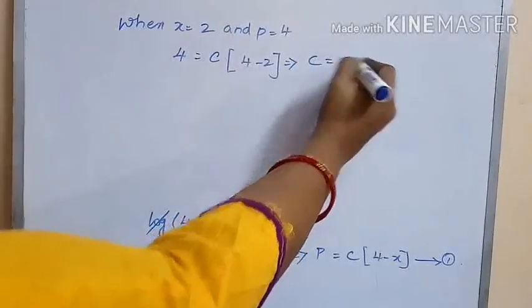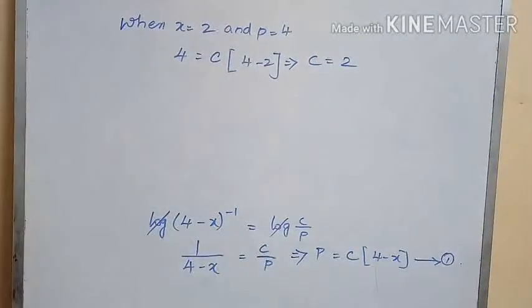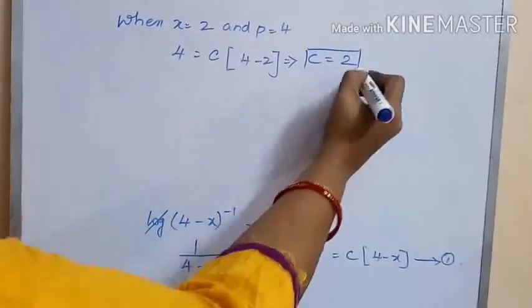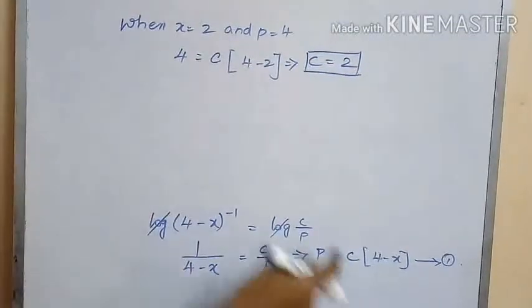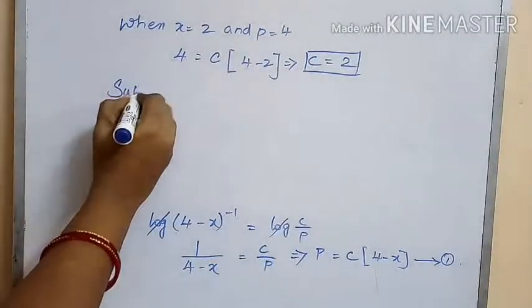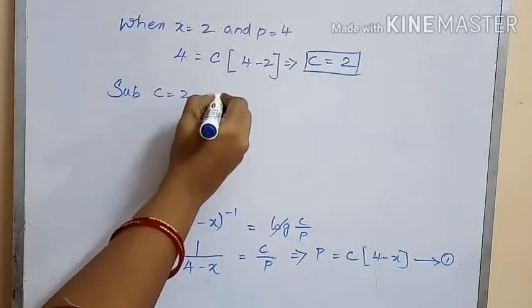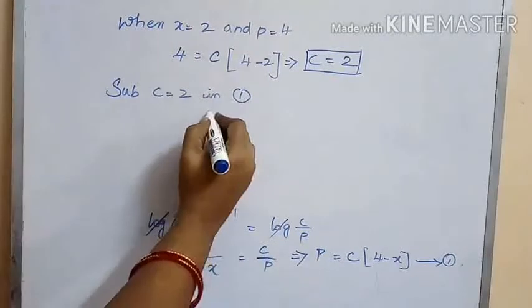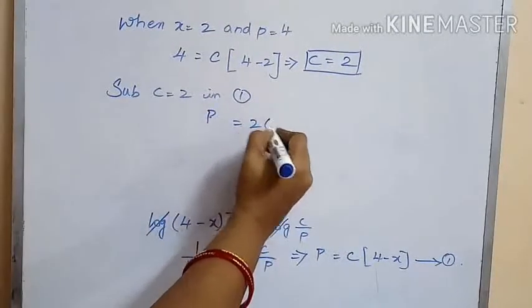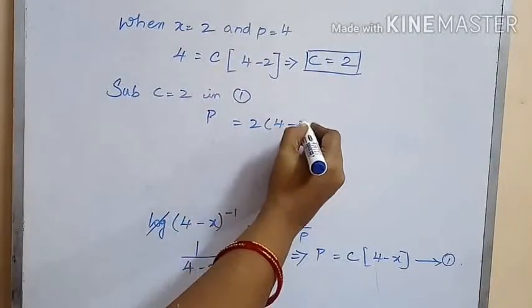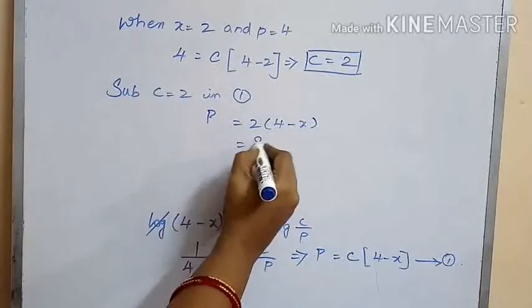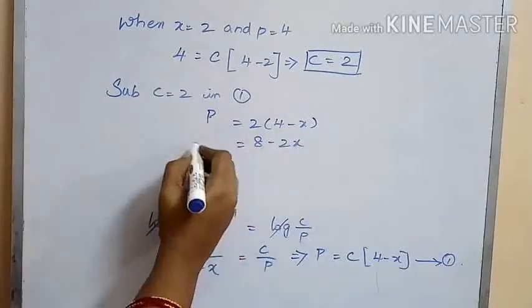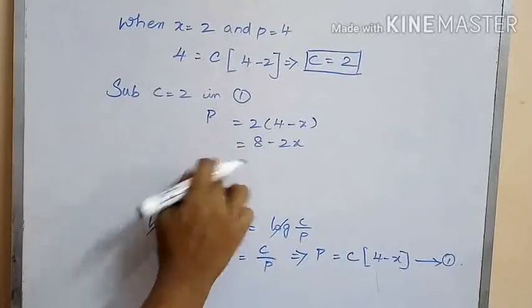So we get c is equal to 2. Therefore 1 becomes p is equal to 2 times (4 - x), which can be written as 8 - 2x.